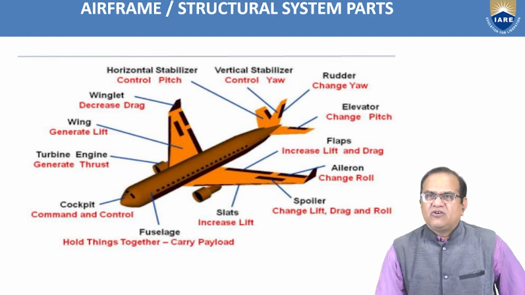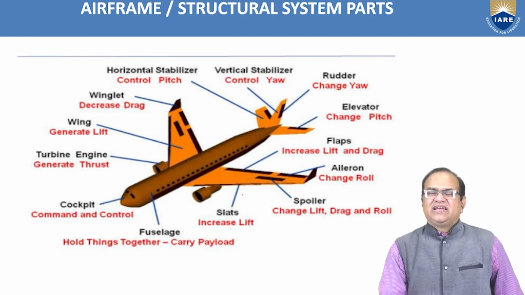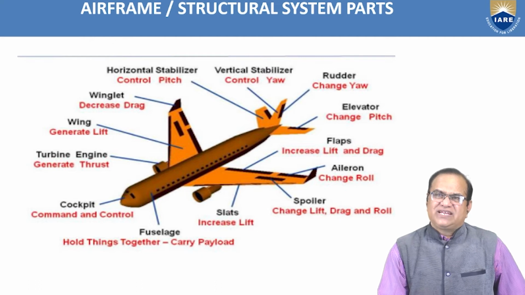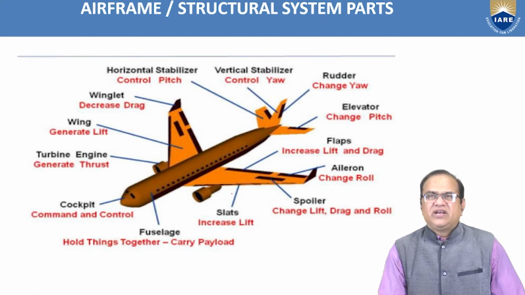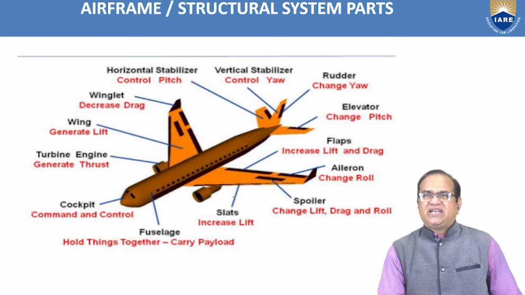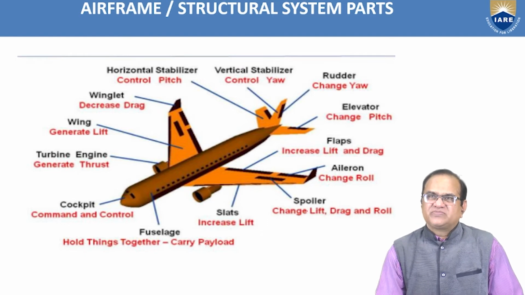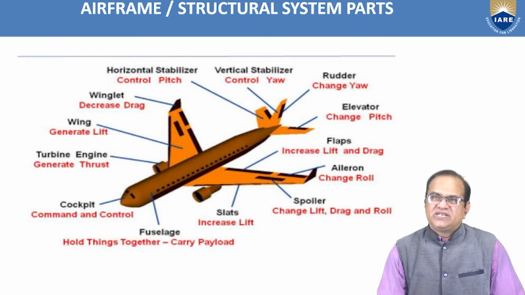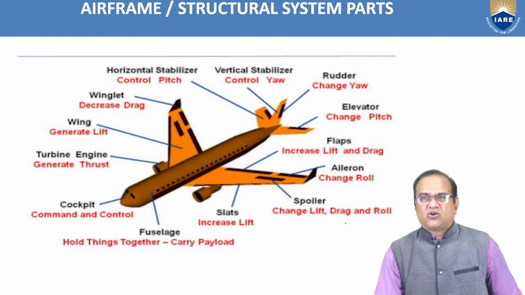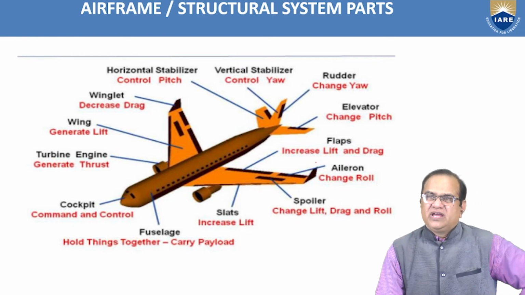Then here we have the slats. The slats are used for increasing the lift of the aircraft. During landing and takeoff, we want a higher lift, and at that time these slats are operated. Then we have the spoiler. The spoilers are lifted up, so they change the lift, drag, and the roll of the aircraft.